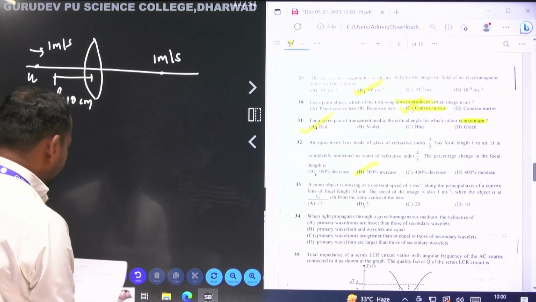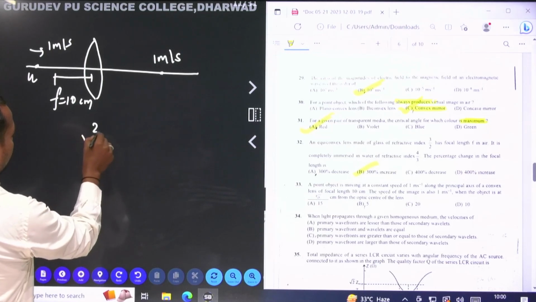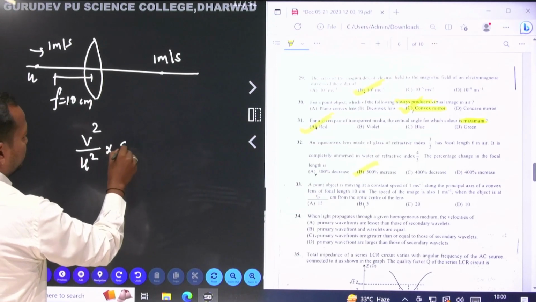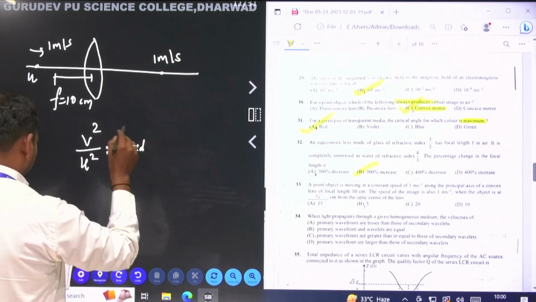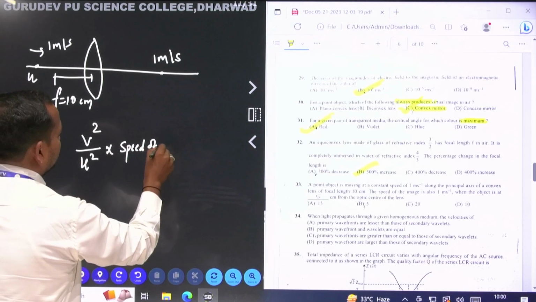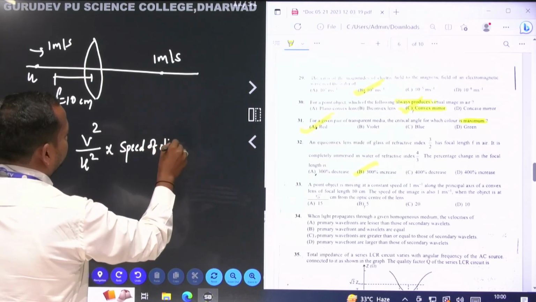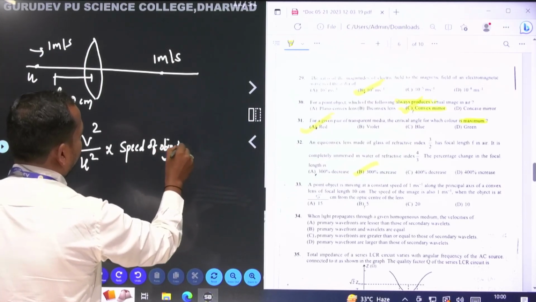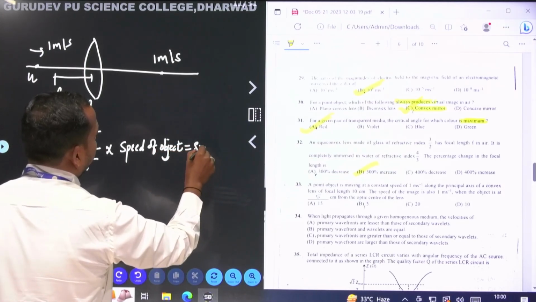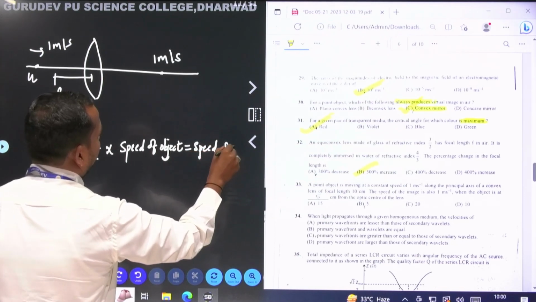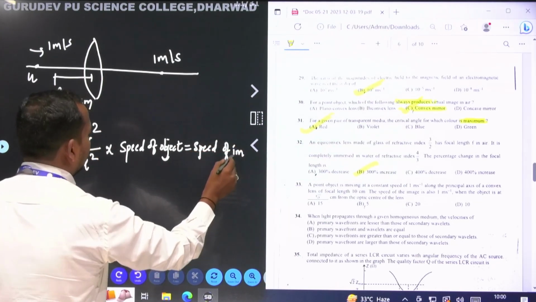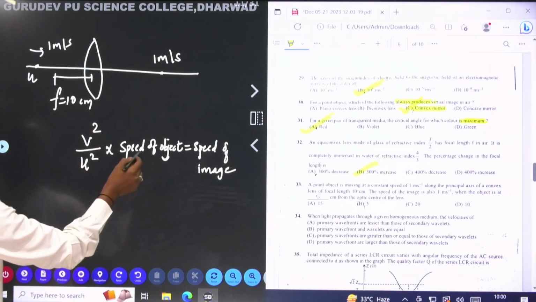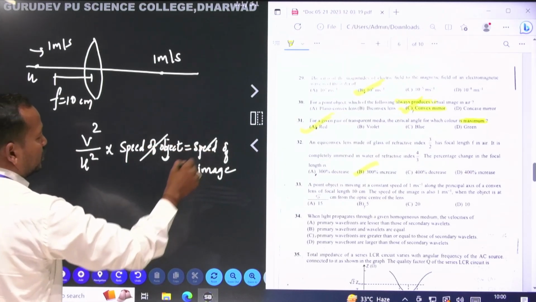To do so, we will take this formula: the square of the image distance by object distance, into speed of object, equal to speed of image. Here, speed of object and speed of image are both the same, therefore they will get cancelled.